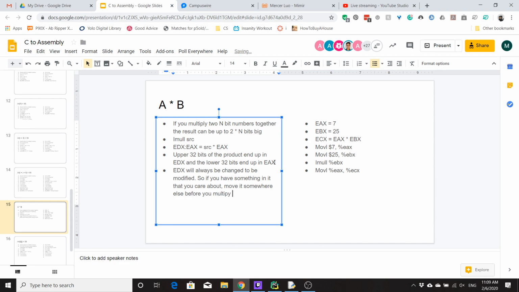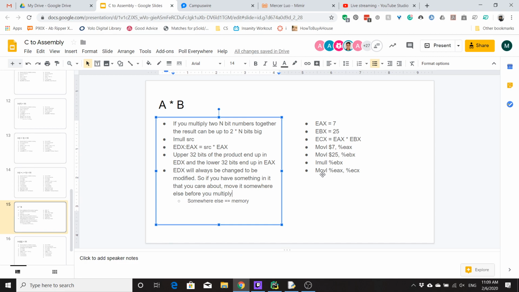Hopefully that makes sense. And generally somewhere else means put it in memory, because your other registers are probably full. Any questions here?